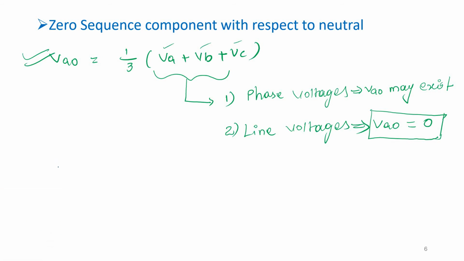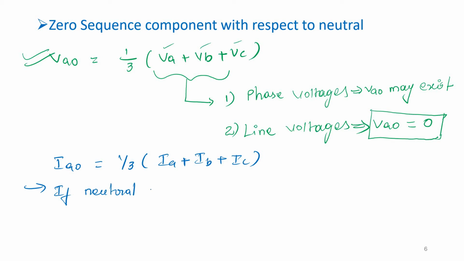Now if you come to the current, we know IA0 can be represented as IA plus IB plus IC by 3. If neutral exists in the system, then IA0 will be equal to IN by 3.